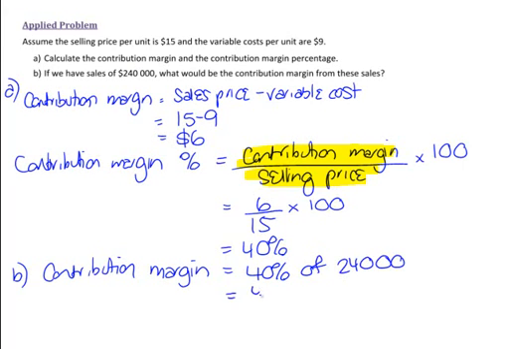So that's 40 over 100 times by your 240,000. So go to your calculator, 40 divided by 100 times by your 240,000, and you end up getting $96,000 as your contribution margin.